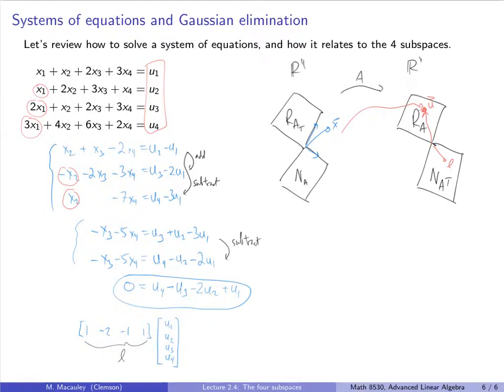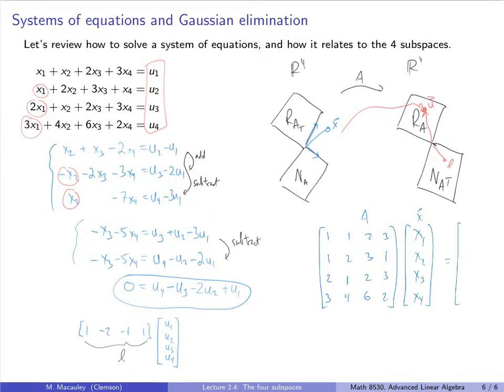So that's going to be 1, 1, 2, 3, 1, 2, 3, 1, 2, 1, 2, 3, 3, 4, 6, 2. So this is A, then x is x1, x2, x3, x4, and then u is u1, u2, u3, u4.